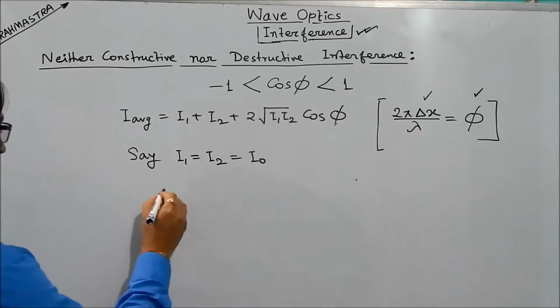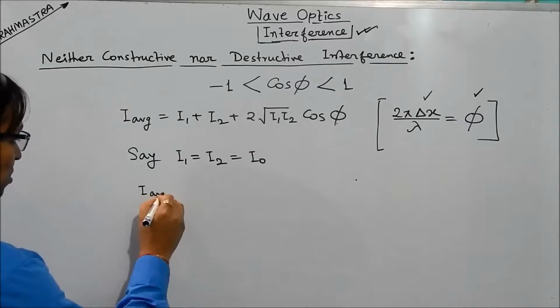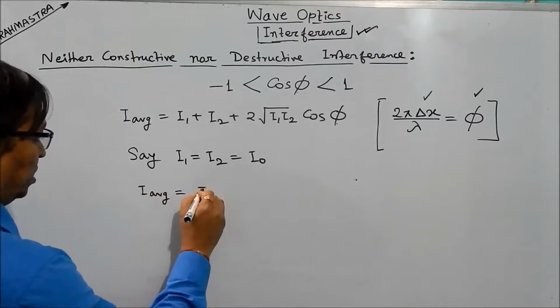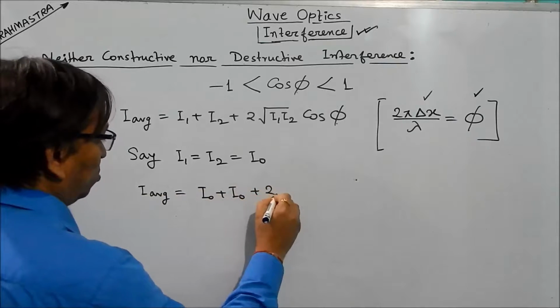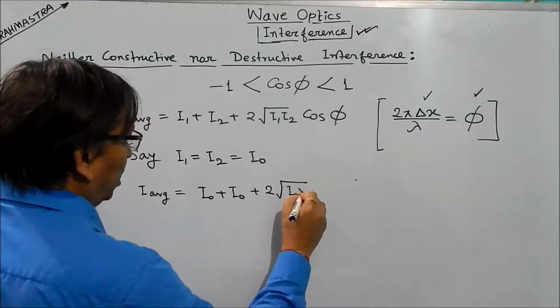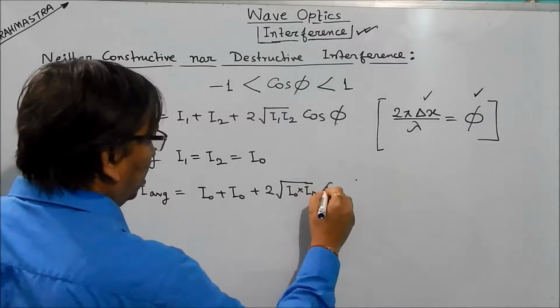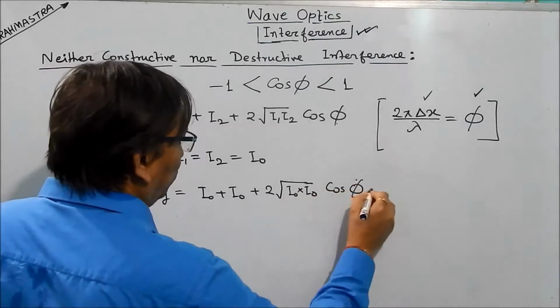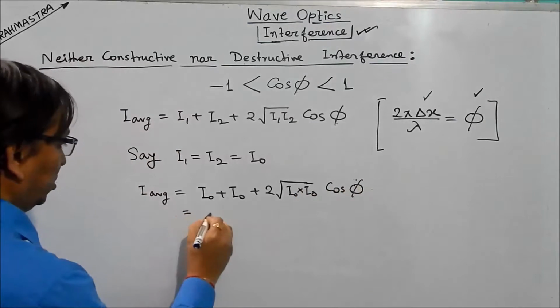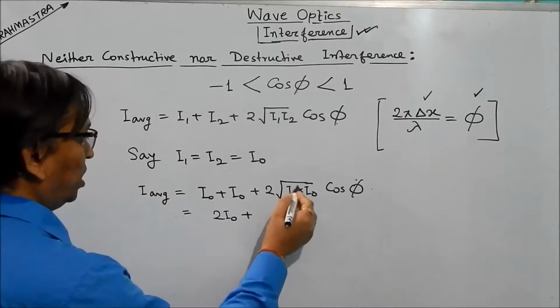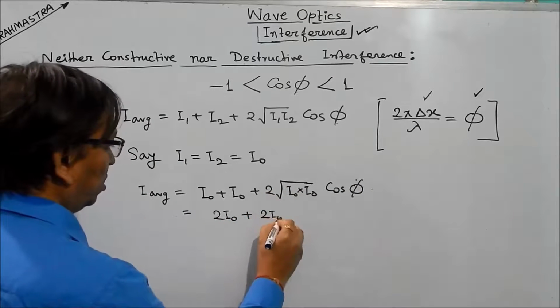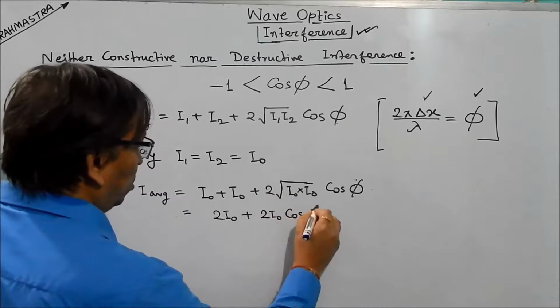So then this I average can be given by I0 plus I0 plus 2 root under I0 into I0, and this will be cos phi. So this in turn gives 2 I0 plus 2 I0 cos phi.